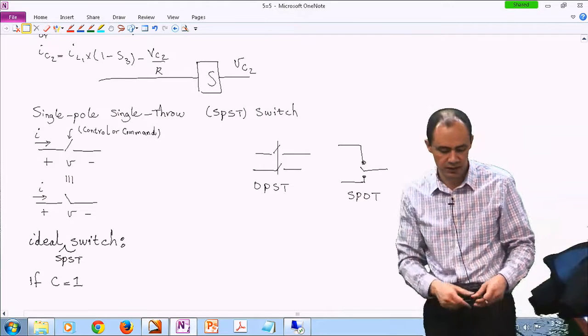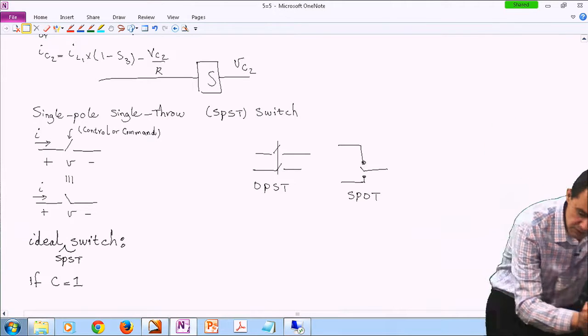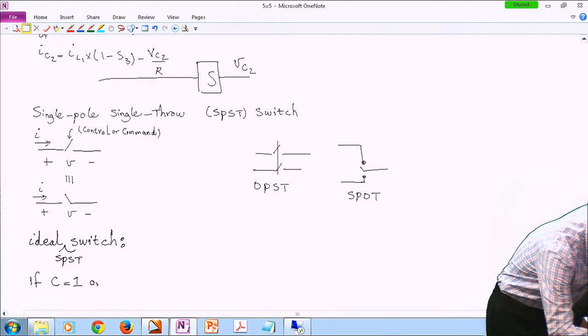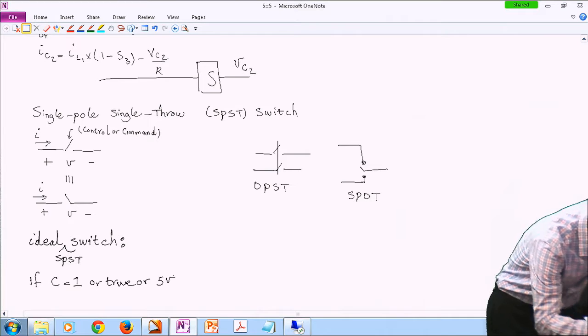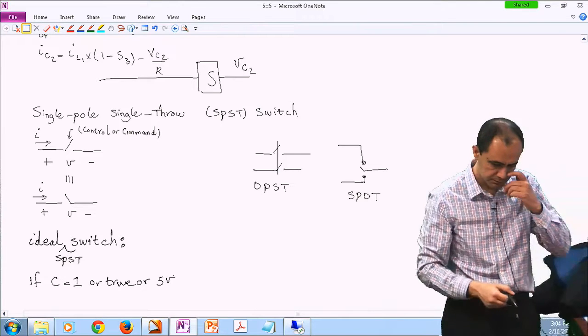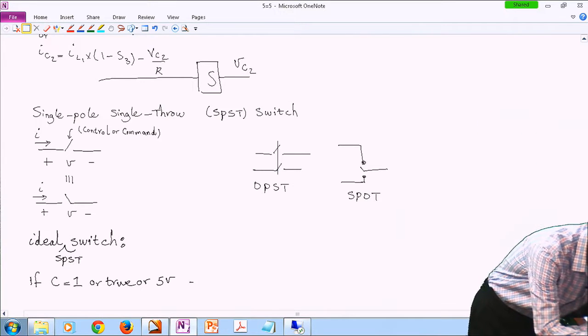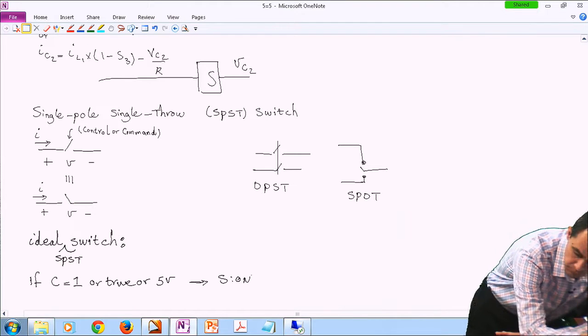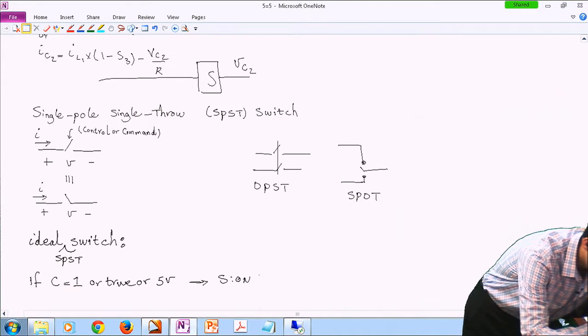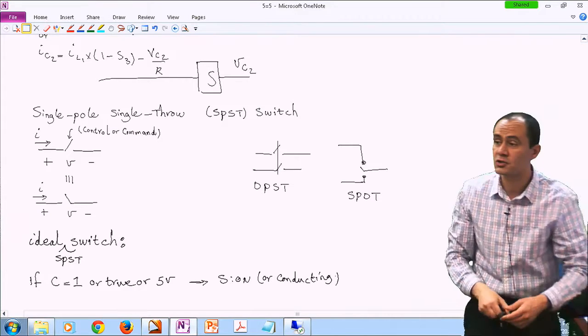They show it with an H. It doesn't really matter. If C is 1 or true or for instance 5 volts, then the switch is on, or it is conducting, or it is eligible to conduct.